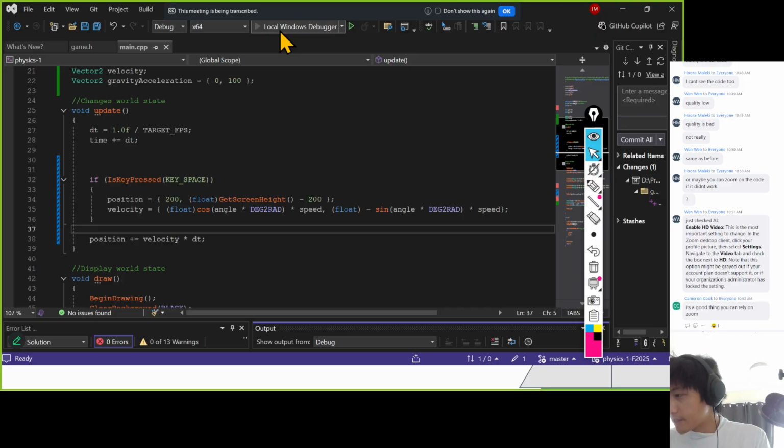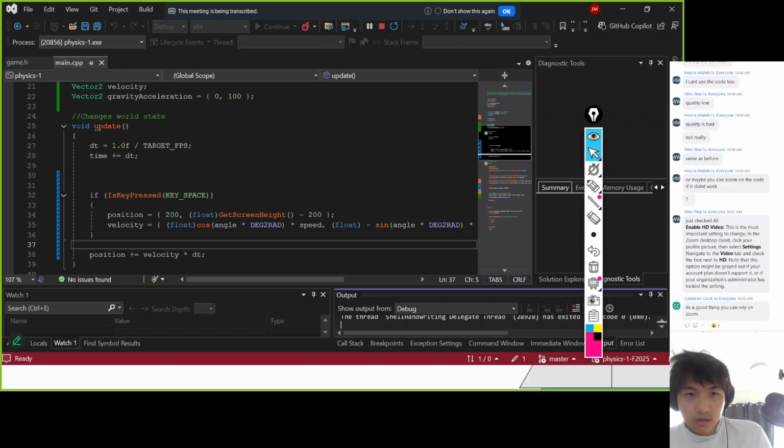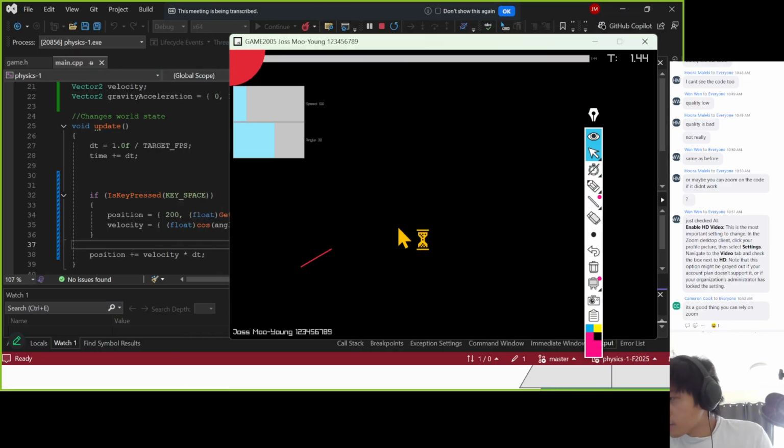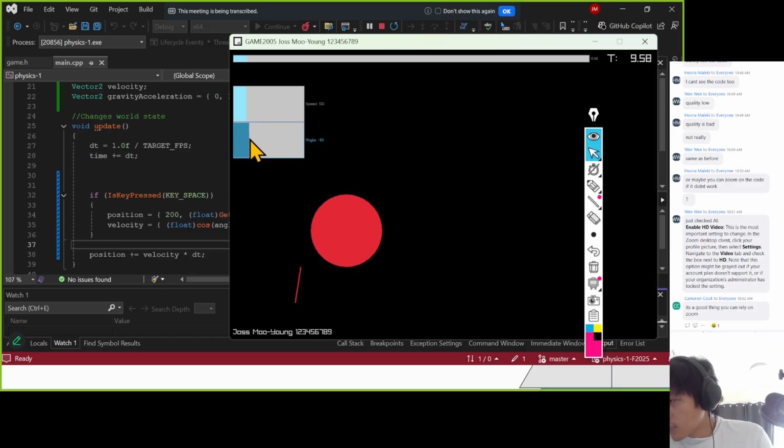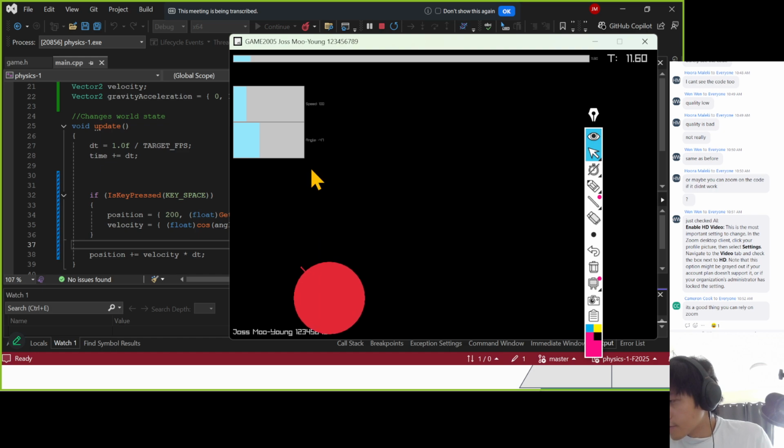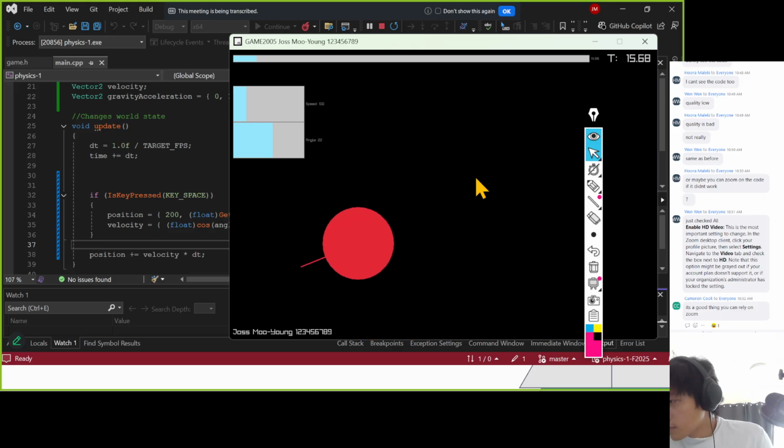We won't have gravity, but let's see. If I press space, it's going to launch this ball along that vector, mind you. They use the same math to generate that velocity vector, right? So that is launching this ball with a constant velocity.